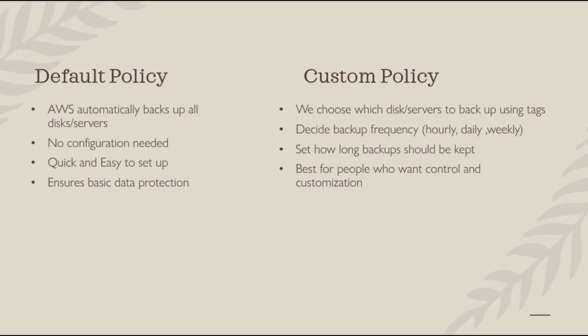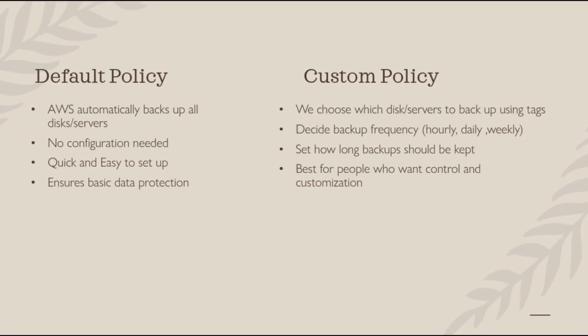And in custom policy, the user will decide which EBS volume or the EC2 instance should take a backup, and it will be done by using special names called tags. And they will also be able to decide the backup frequency, and they can decide the retention count also.